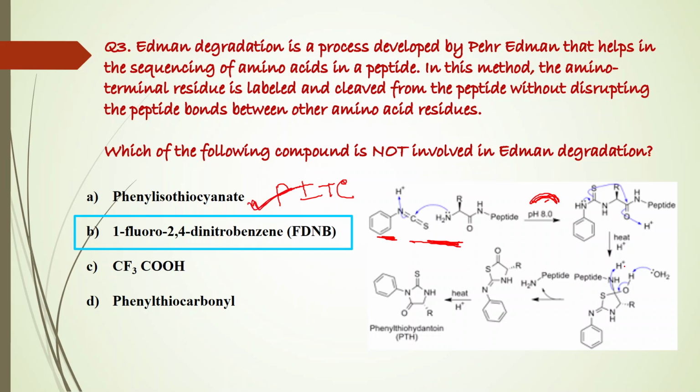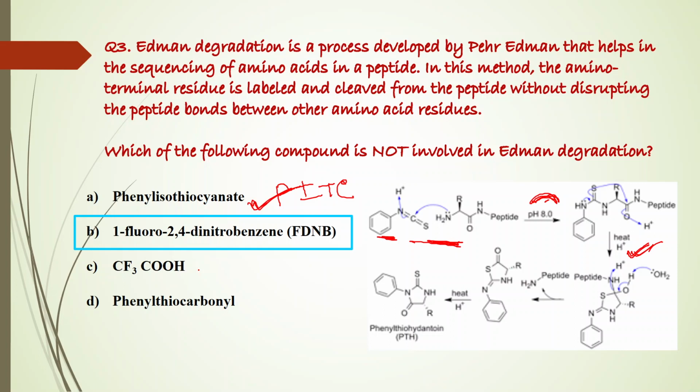Then in the next step we require H plus, or a slightly acidic medium. So obviously if we look here, CH3COOH is an acid, so it will be required in a very small amount in case of Edman degradation, because you require only a little H plus.